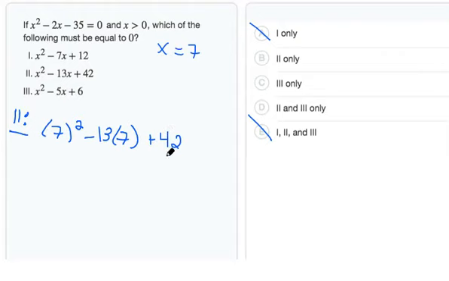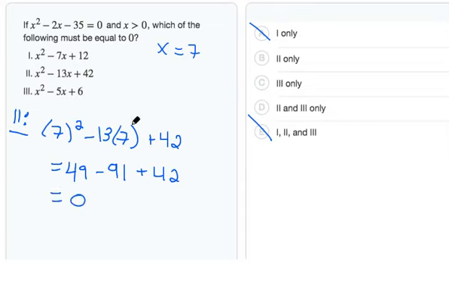Now we can go ahead and simplify this. We would end up with 49 minus 13 times 7, which would give us 91, plus 42.